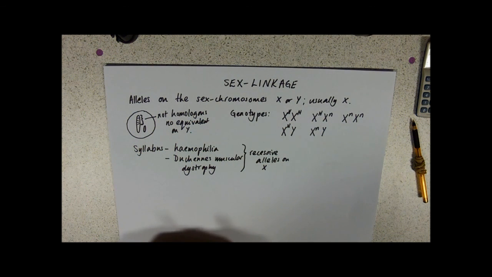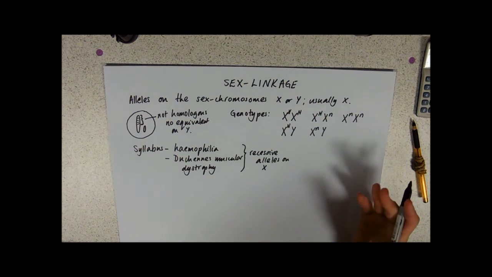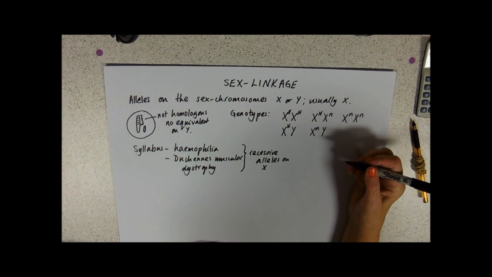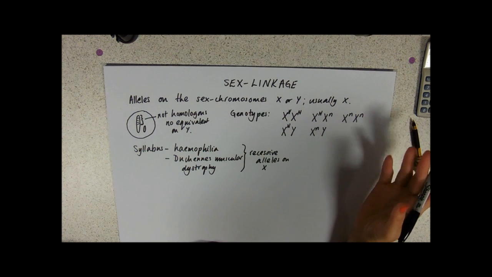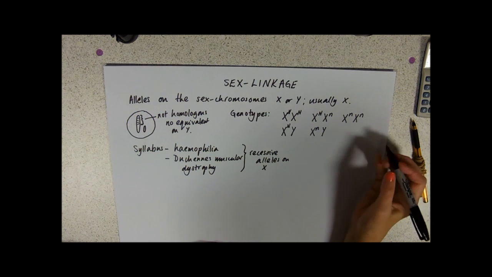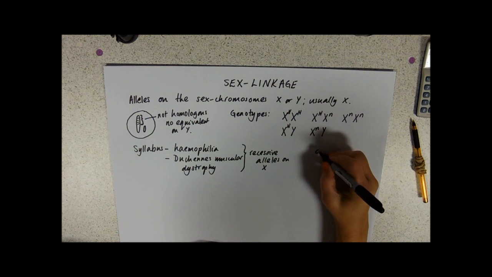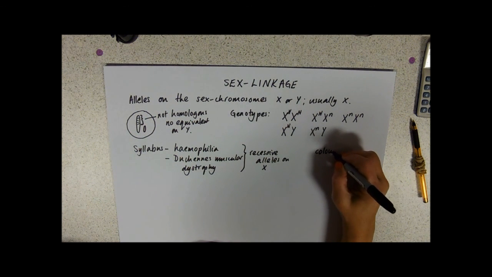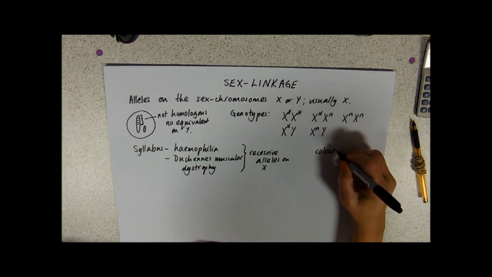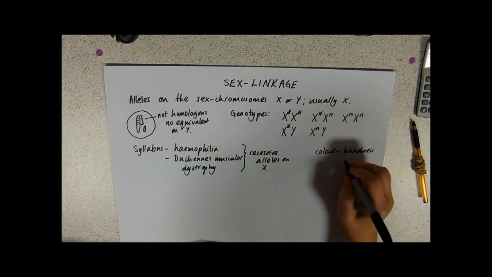Now, there are other ones, they will give you information, and the great thing about sex linkage is you are generally told that it's a sex-linked cross, or that the allele is present on the X chromosome. Of course it could be on the Y chromosome, in which case all Y chromosome ones are only expressed in males anyway. But I think that just generally you should know that colour blindness is also one of these, and that's red-green colour blindness.